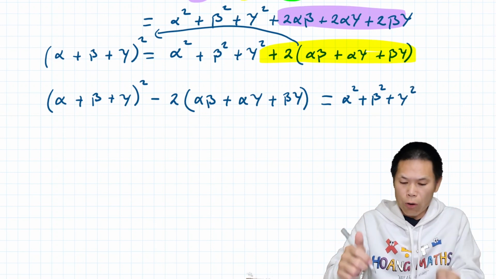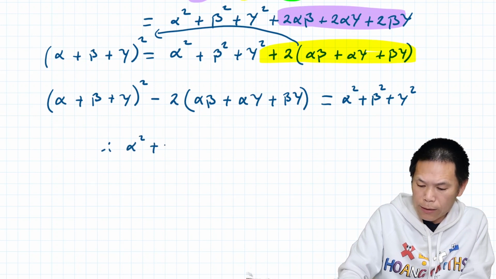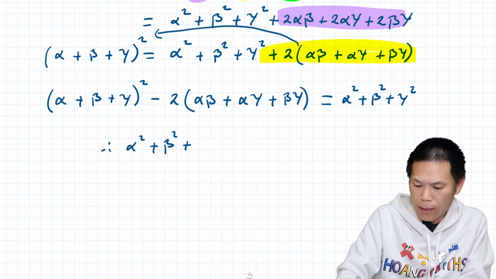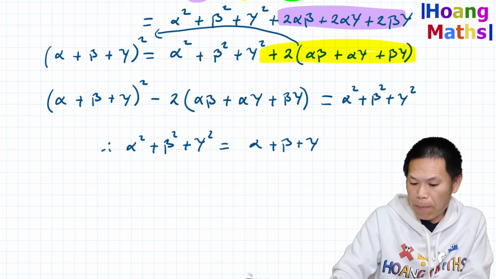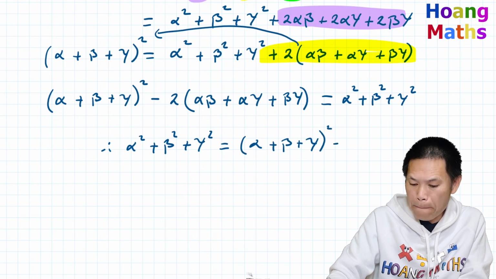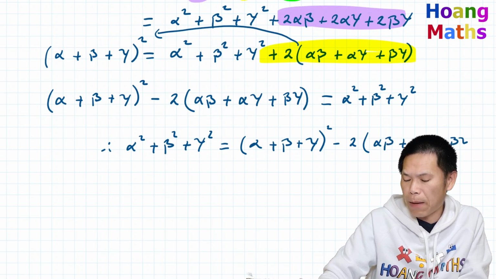So there you go. Or we can write, therefore, alpha square plus beta square plus gamma square will give me alpha plus beta plus gamma all square minus 2 lots of alpha beta plus alpha gamma plus beta gamma.